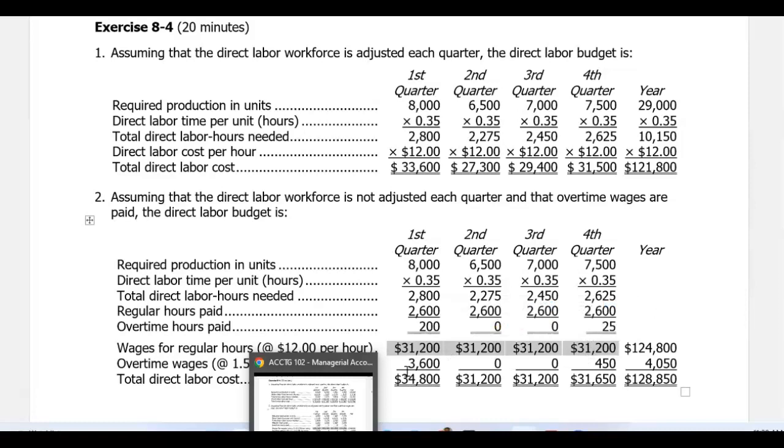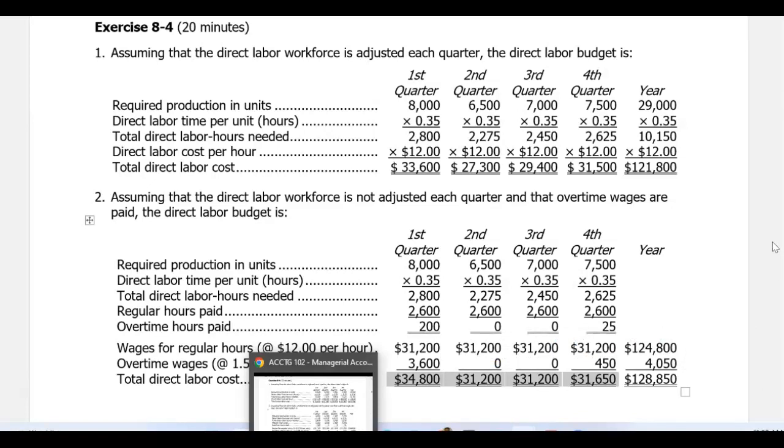But for quarter one, if you are one of those companies who pay overtime, then 200 hours times $18 per hour, which is 1.5, right? That gives us $3,600 overtime. And here in quarter four, $450 overtime. Then you add them up, you will see that the direct labor cost will be different because we are paying overtime.